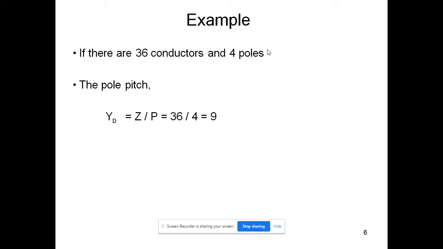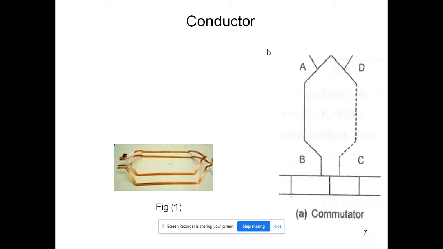Now the pole pitch YP is equal to 36 by 4, 36 conductors by 4 poles, which is nothing but 9. Here the pole pitch is 9.